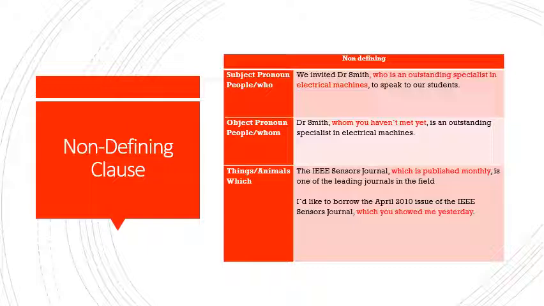As you can tell from this example, the relative clauses in red all add extra information about Dr. Smith in the first and the second example. Likewise, in the third and fourth examples, the relative clauses provide extra information about the journal in example 3 and the April issue in example 4.